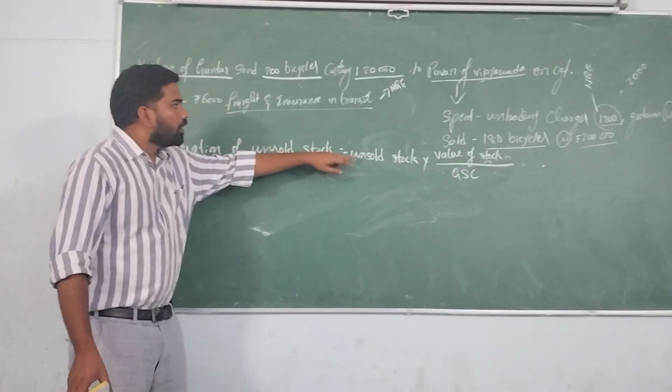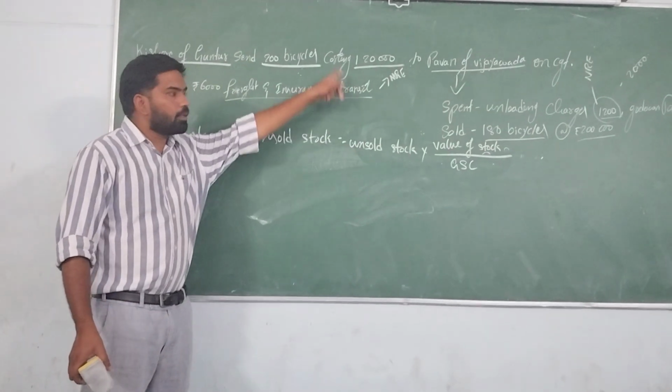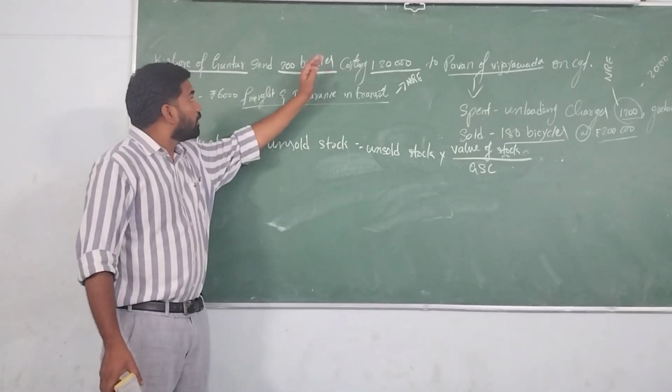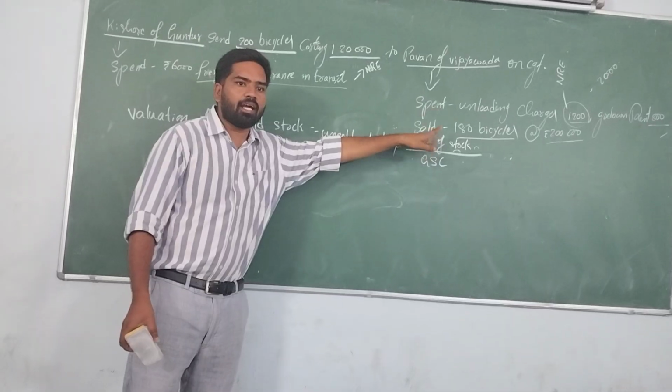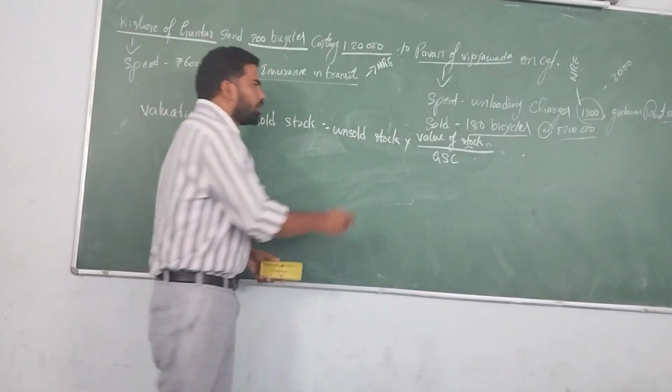So unsold stock we find in the problem. How many bicycles sent? 200 bicycles. How many sold? 180. What about the unsold stock? 20.